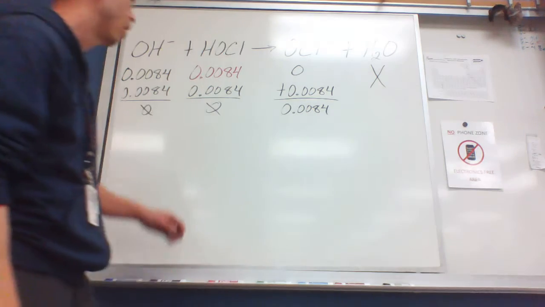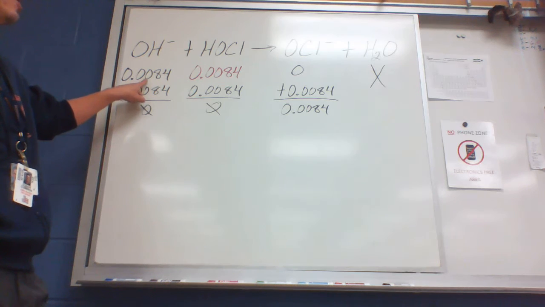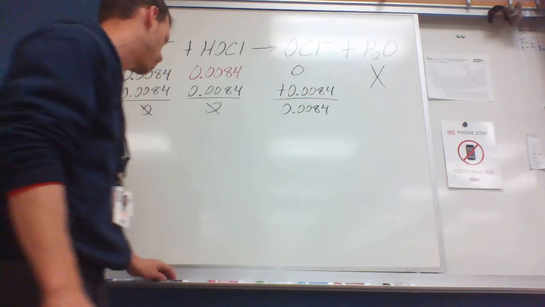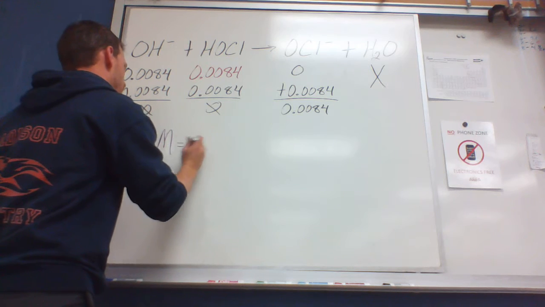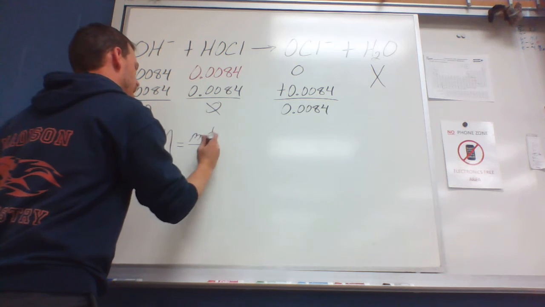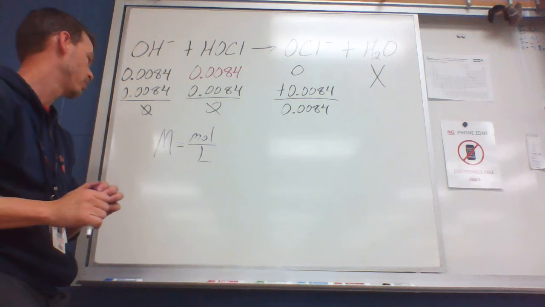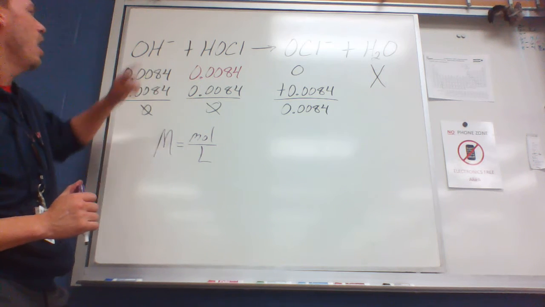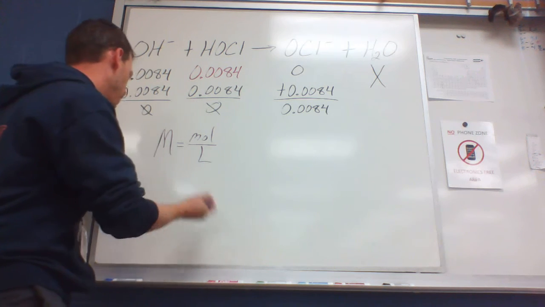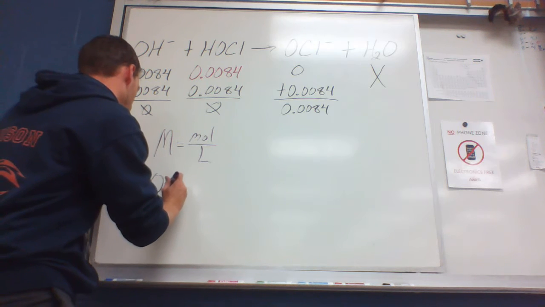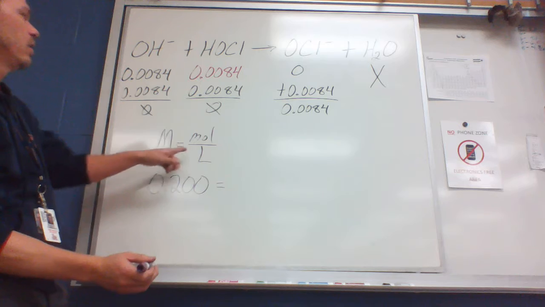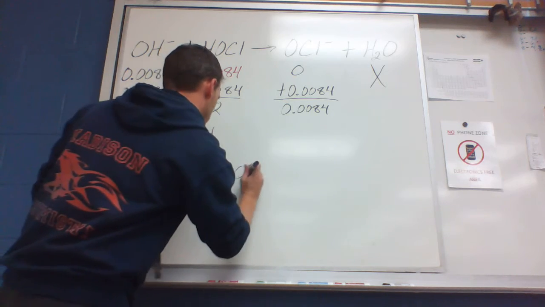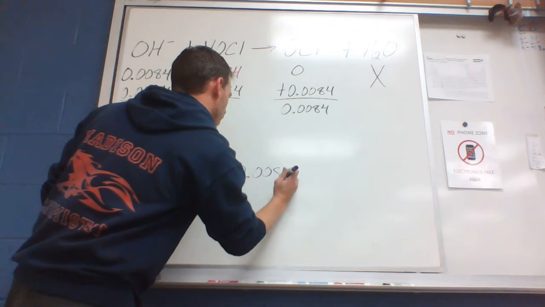What this wants to know is how much volume do you have to add to get to that number? All right, well, our equation that involves molarity is this, and I've got two of the variables. I know that the molarity of my hydroxide, my strong base here, has been 0.2. I know that the mole count for the equivalence point is 0.0084.